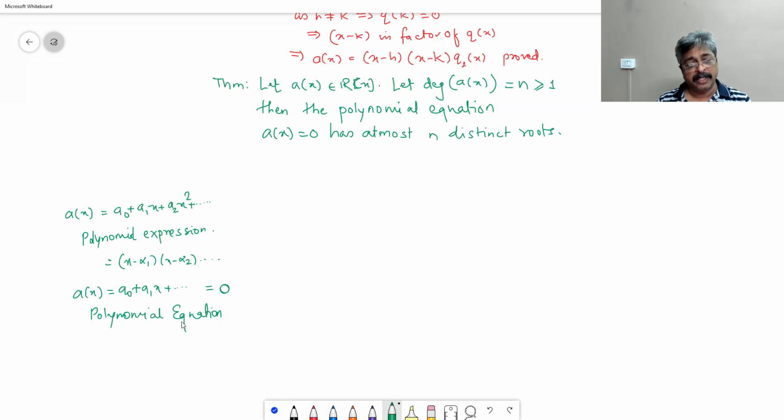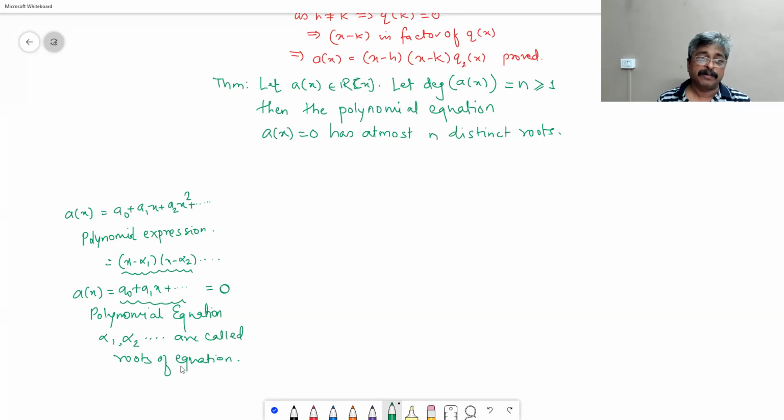So this is a polynomial equation, and in a polynomial equation the factorization of the LHS will look like this, and it is equal to 0. Therefore alpha 1, alpha 2 are called roots of the equation.